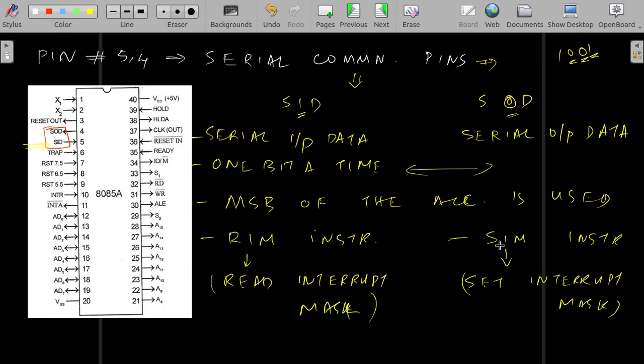When the processor wants to output some data using the serial port, it will first put that data into the MSB of the accumulator, and then it will use the SIM instruction, set interrupt mask instruction, and then whatever data is there in the MSB of the accumulator will be passed as the output from the SOD pin. That is how serial communication works.